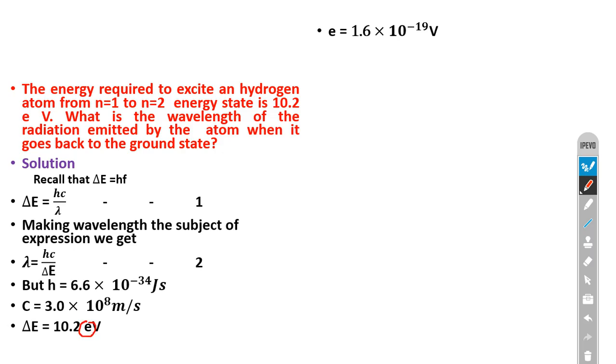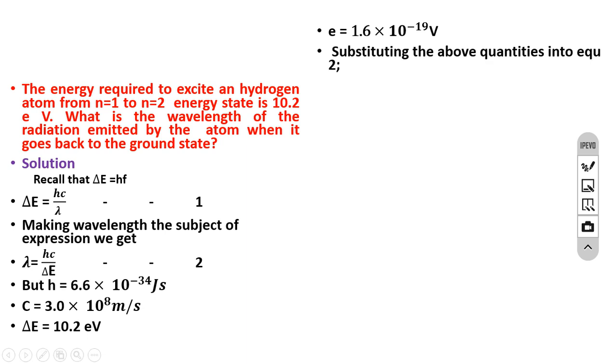This is a constant, which is this value. So we are going to substitute 1.6 times 10 to the power minus 19 into that expression and multiply with 10.2. So this is how it looks.